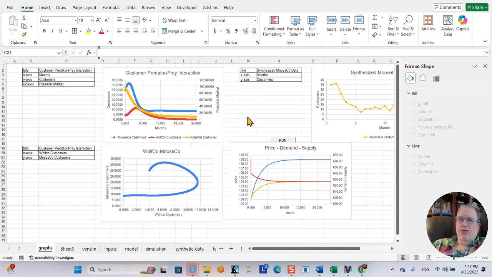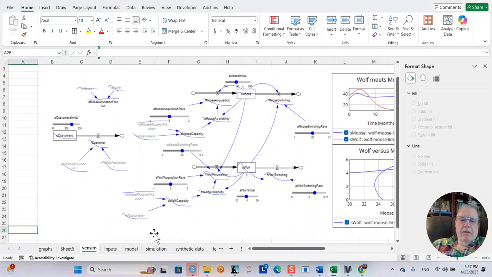It's a first approximation. What we're doing is we will be taking, let's go with the Venson model, numbers of Moose customers, numbers of Wolf customers, and multiplying the customer times some metric, which will allow us to say per customer how many units did they buy at a particular point in time.